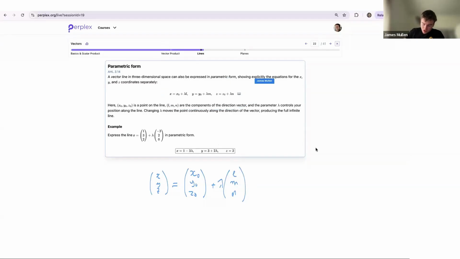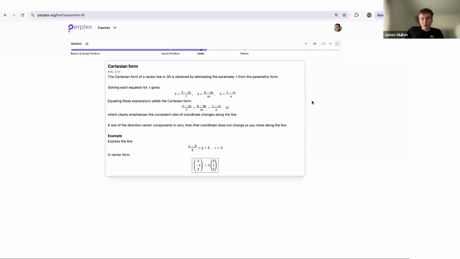We break up the x and the y and the z separately. We say x is equal to x0 plus lambda L, y is equal to y0 plus lambda m, and z is equal to z0 plus lambda n. Now, this is particularly useful when you're trying to solve for the intersections of lines. You're basically just breaking it up into specific equations that you can use to solve a system. All right?